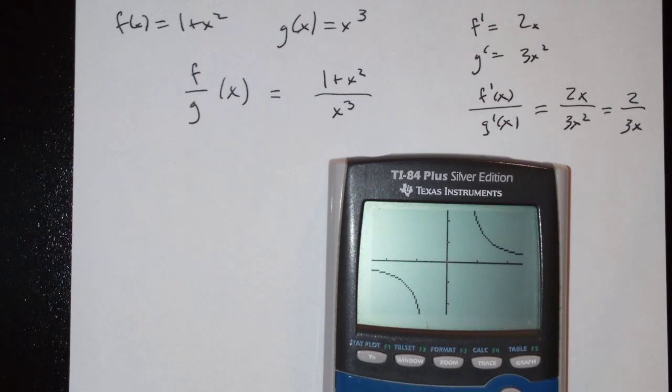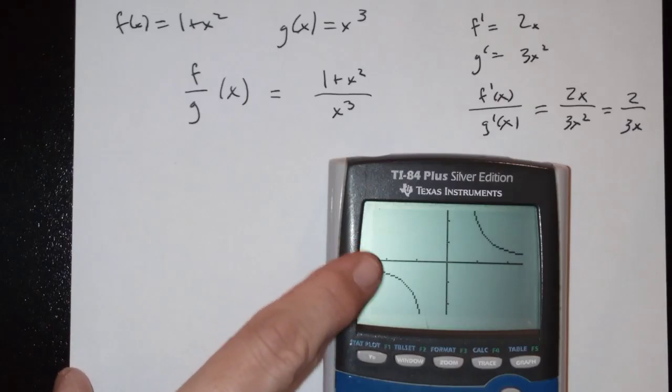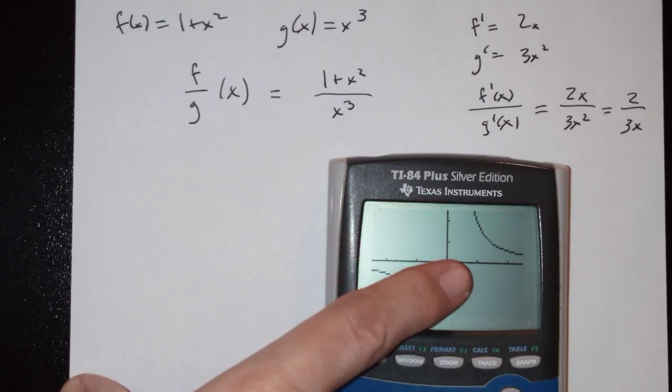What can you tell me about all the tangent lines anywhere on this graph? The slopes are all negative. As I go from left to right, these are all going down.